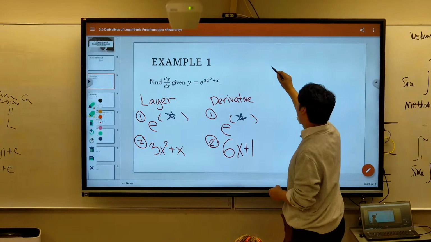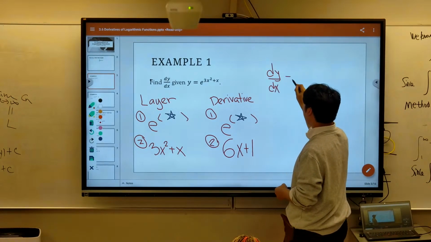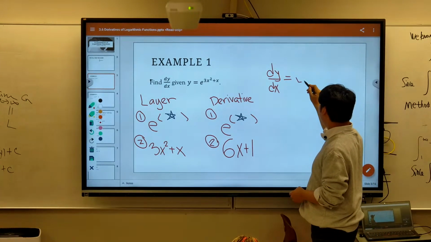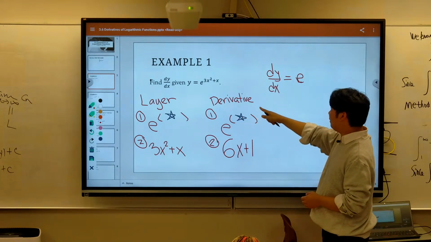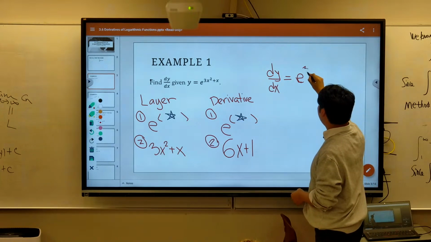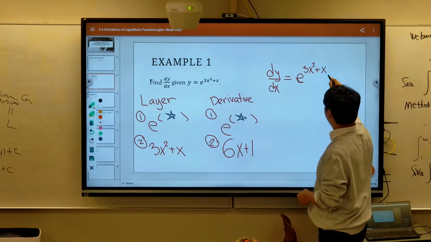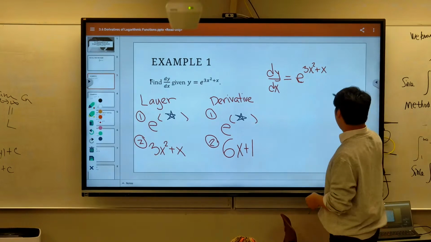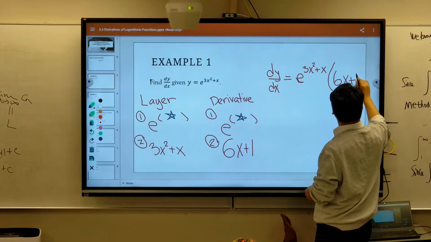All right, so I've identified the layers and the derivatives. And now I can just go ahead and take the derivative, dy/dx. I have the first layer. I write e to whatever power, or in this case, 3x squared plus x, times the second layer derivative. So I'm just going to write times 6x plus 1.